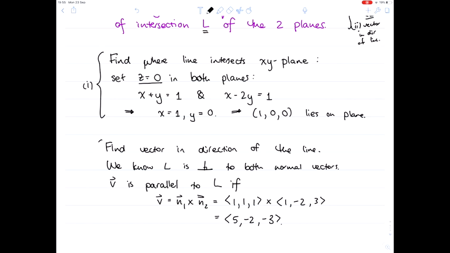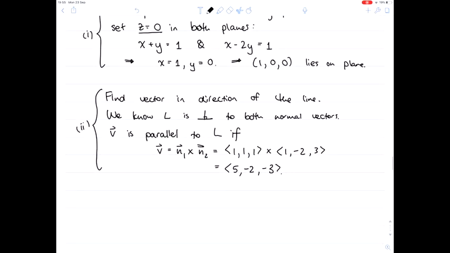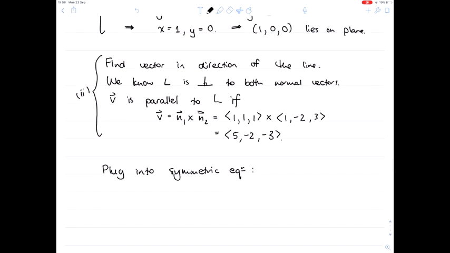So this has helped us work out part 2, which is to find a vector in the direction of the line. The final thing that we need to do is plug into our symmetric equations. We know that's going to be x minus the x coordinate of a point on the line, divided by the x component of the vector in the direction of the line.